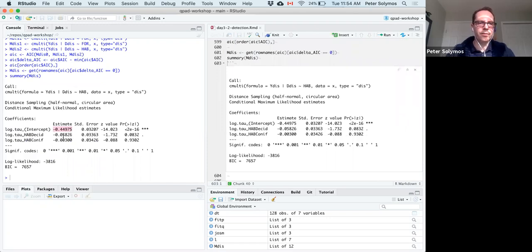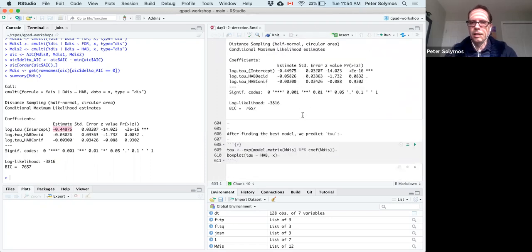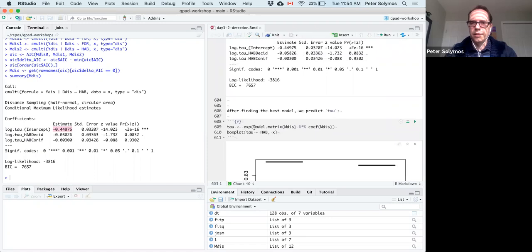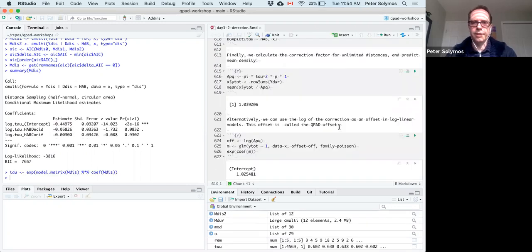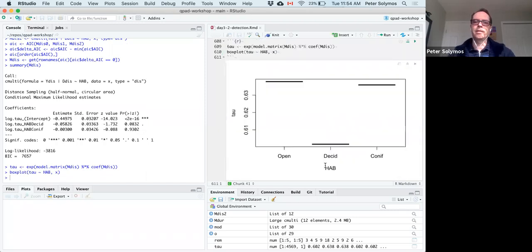And then coniferous, that's not very much different from the intercept. So we can again predict this using this matrix product notation, to get the tau estimates, and let's plot it against habitat. This is our effective detection radii for the different open, deciduous and coniferous forests.